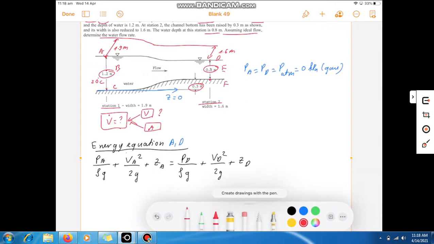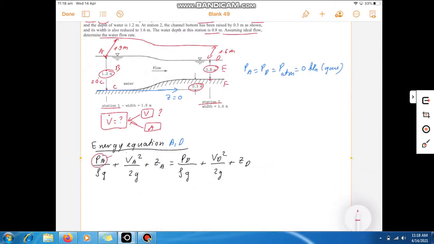As I said, pressures PA and PD are 0 gauge pressure. ZA, if we choose Z equals 0 at the bottom of station 1, will be 1.2, and ZD will be equal to 0.3 plus 0.8, or 1.1 meter.